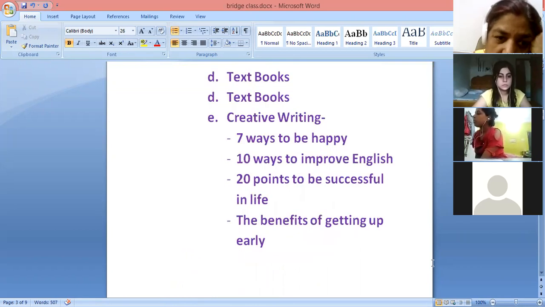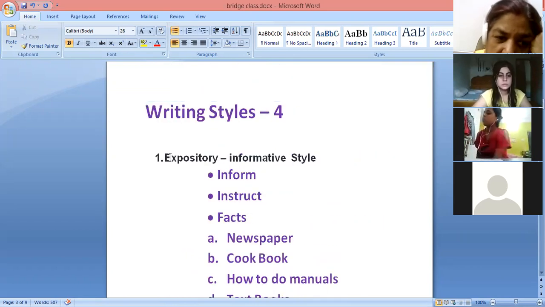So all these will come under one style, which is the expository or the informative style.